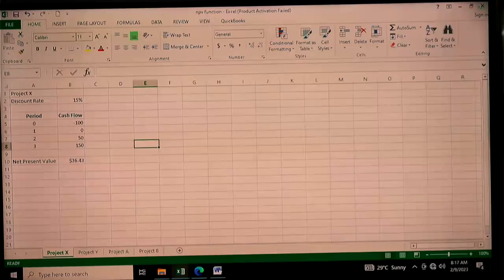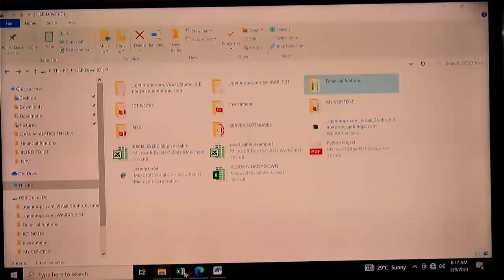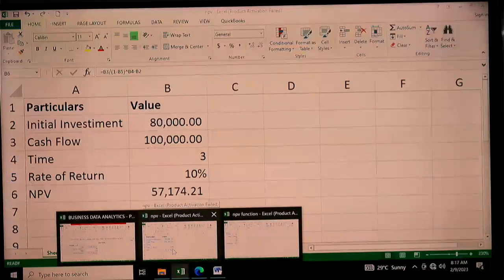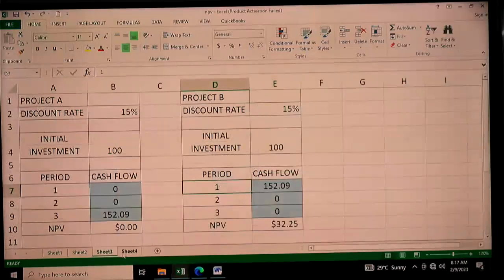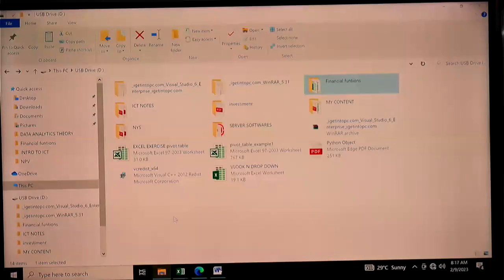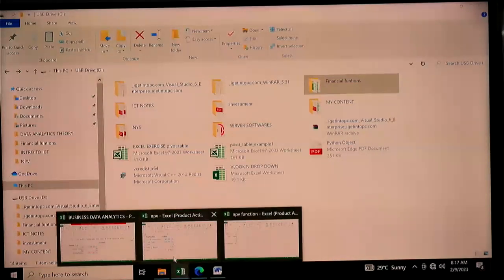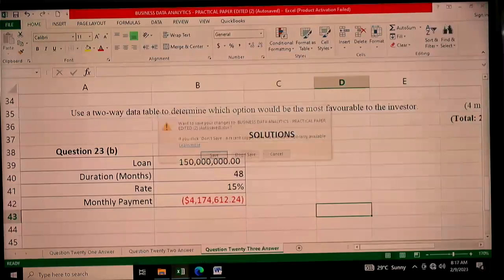Just a minute, let me check. I get it. It's supposed to be on the same worksheet. We need to reduce some of these worksheets here. Let's reduce this one.